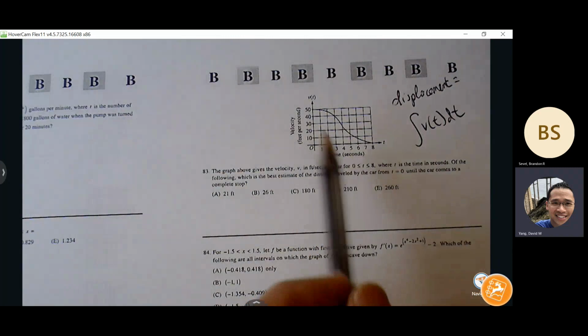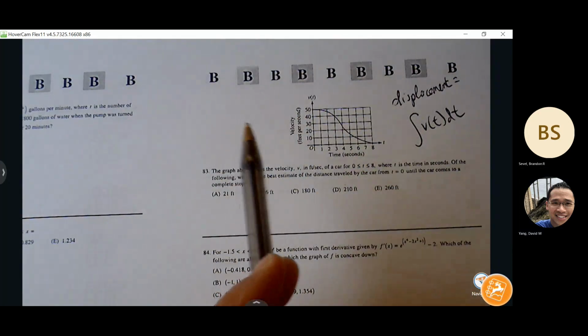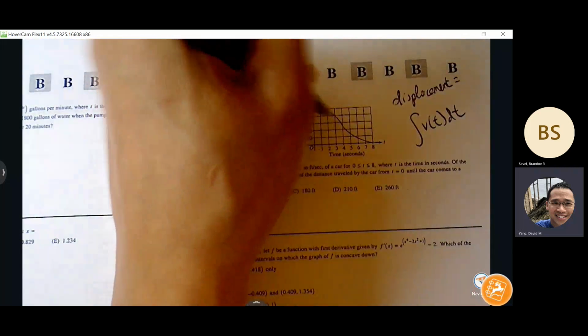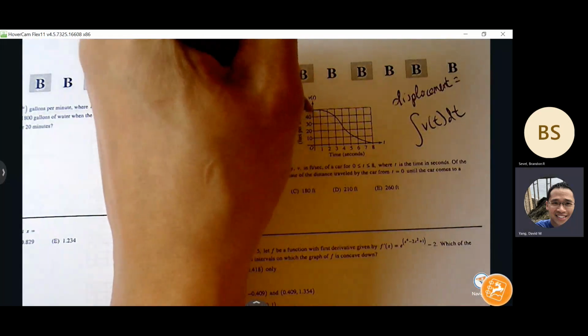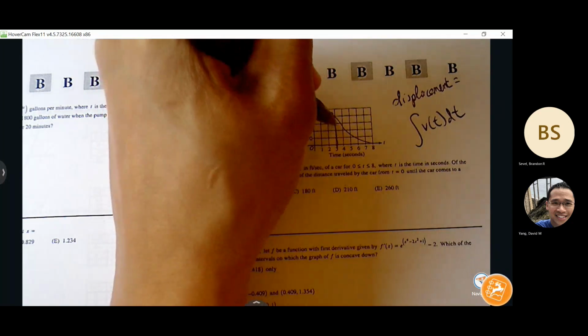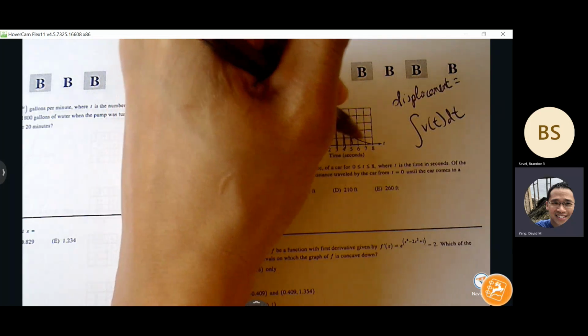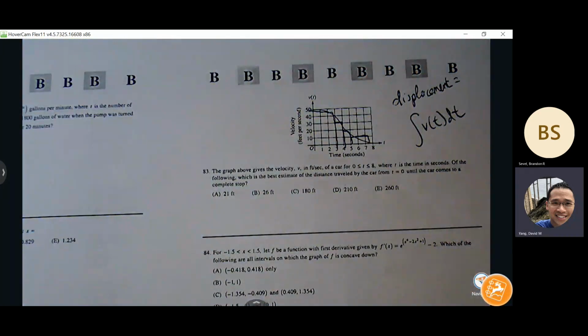So we can just do our best to estimate the area here, even though it's not a nice shape, a shape that we recognize, but we can kind of just pretend like we are just adding a bunch of rectangles together that may be close to the area.